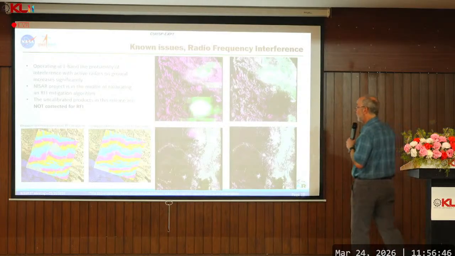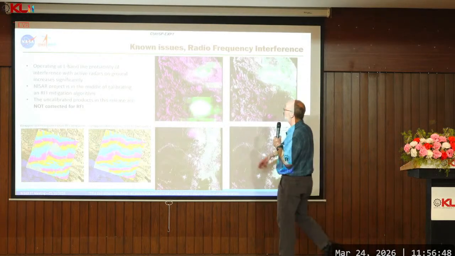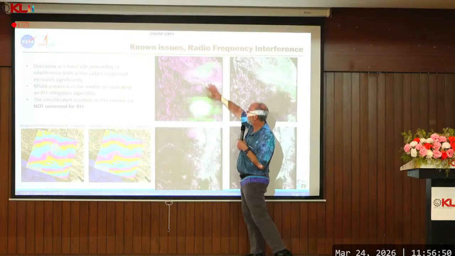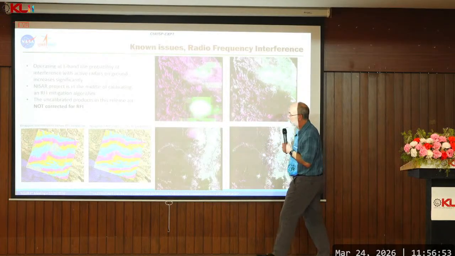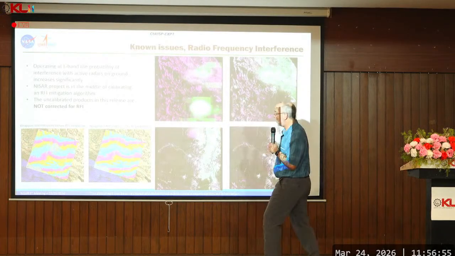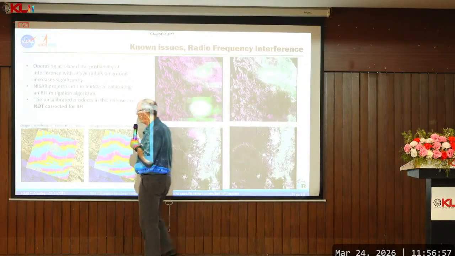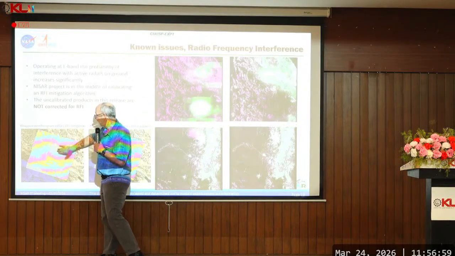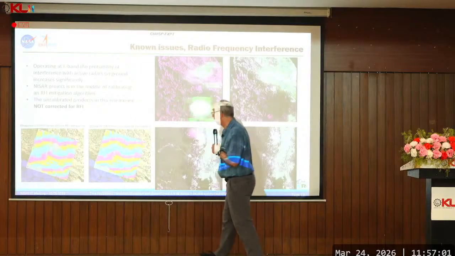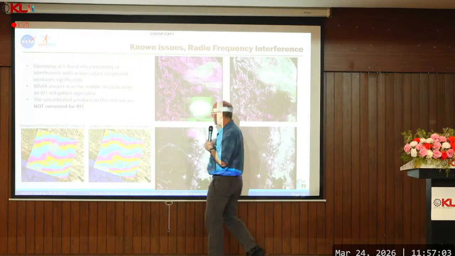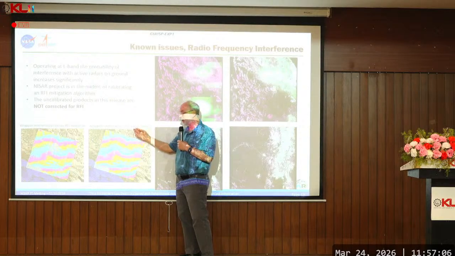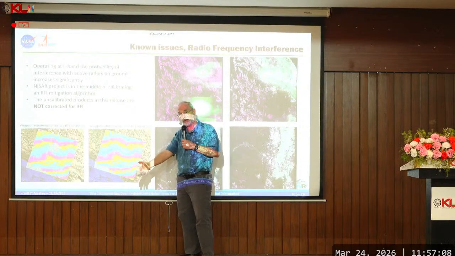So we know about the RFI. This is what it looks like in the polarimetric rendition. It is not very pretty, and this is what it looks like in the interferometric rendition. Just a big blob of noise. But we do have algorithms for removing RFI. We have not applied them to any of the data yet, but we will.